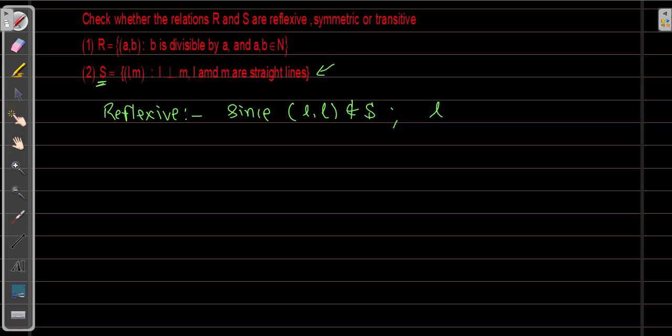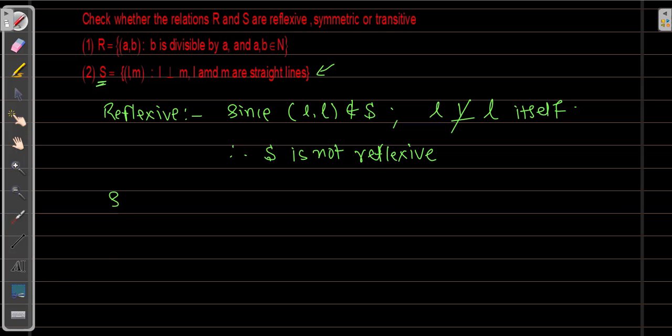Because L is not perpendicular to L itself. So that's why the ordered pair (L, L) does not belong to S. Therefore, our relation S is not reflexive.